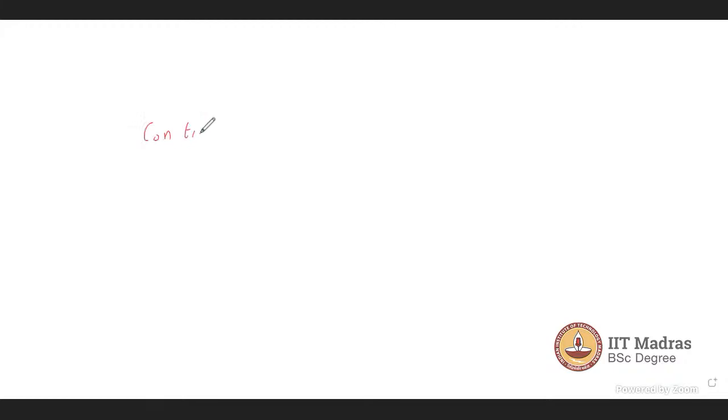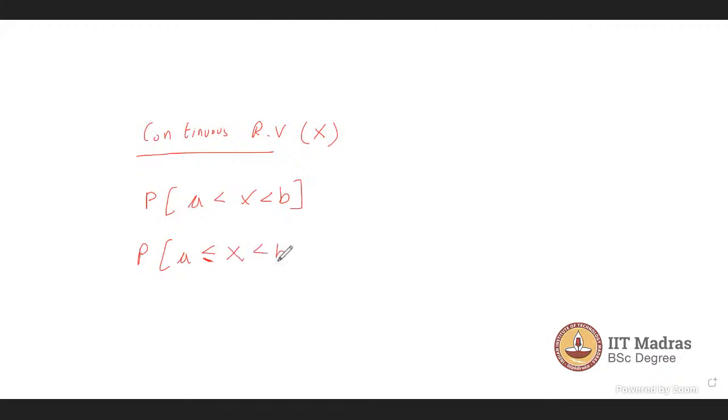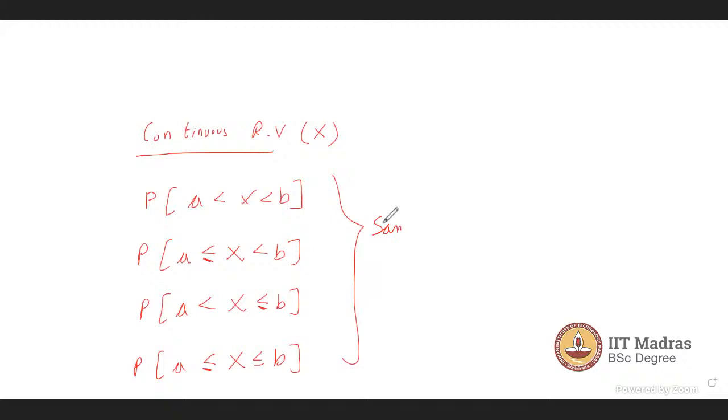Okay. So whenever we have a continuous random variable, let's say the probability that x lies between a and b, or let's say it's less than or equal to a, or we have equal to over here, or we have equal to at both, all will be the same for a continuous random variable.